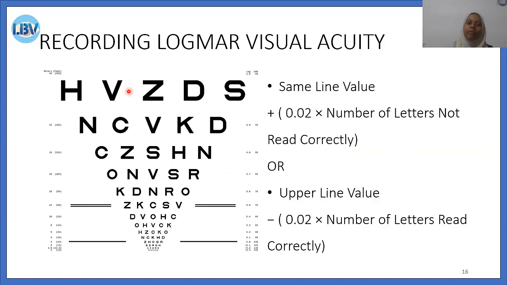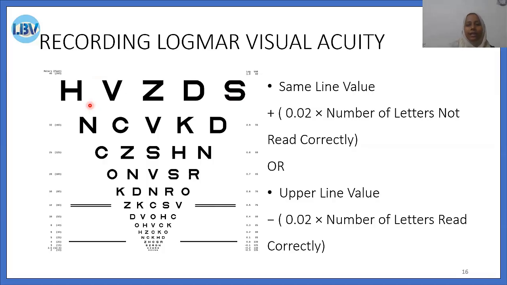If we observe this, there are 5 letters in every line, whether it is the 6 by 6 line or the 6 by 60 line, it doesn't matter. Every line has 5 letters and each letter has a value. The value is 0.02, each letter has the value.